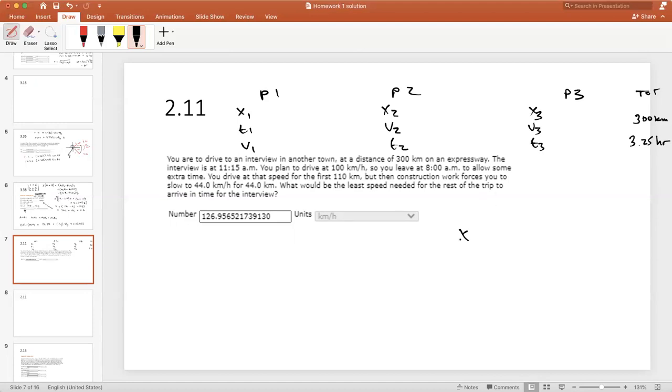So we'll do that for each part. The only equation we have is x final minus x initial is equal to v times t for each of these. But we're really going to write this as our change of x is equal to v t. And we're just going to call x1 the change of x for 1, x2 the change of x for 2, and x3 the change of x for 3.